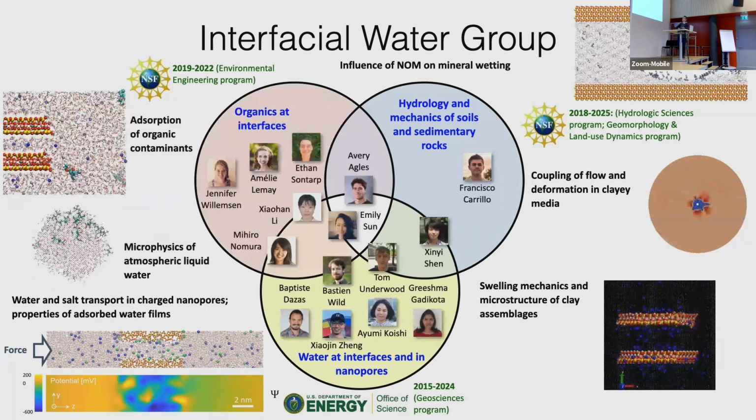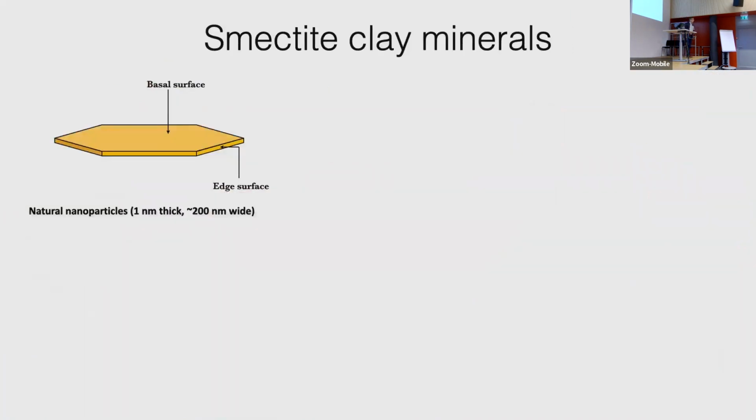To set the stage, I need to talk a little bit about the clay mineral that I'm going to be talking about. That's smectite clay. It consists of natural nanoparticles that are plate-shaped. You can think of them in an idealized way as hexagonal, but actually the edge surfaces aren't cut precisely like that. The main surface is this atomically smooth basal surface that gives us about 98 or 99% of the specific surface area.